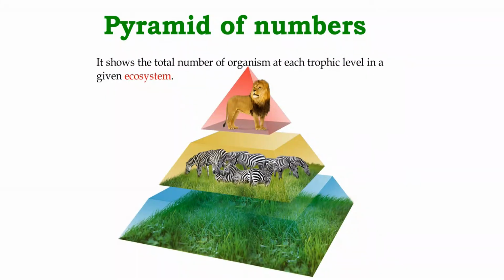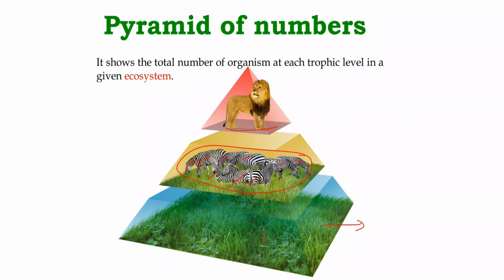The pyramid of numbers shows the total number of organisms at each trophic level in a given ecosystem. Like we can see millions of grass, but millions of grass can feed only about how many? 1, 2, 3, 4, 5, 6, 7, 8, and 9 zebra. Nine zebra are only adequate for a lion for 1 year, maybe.